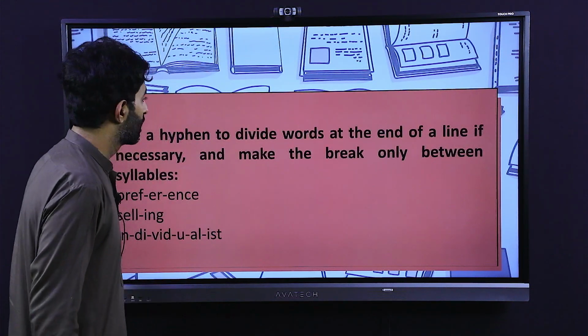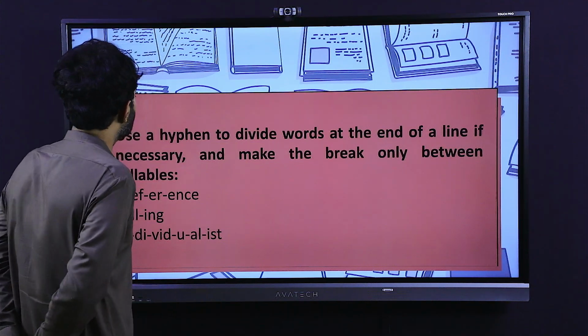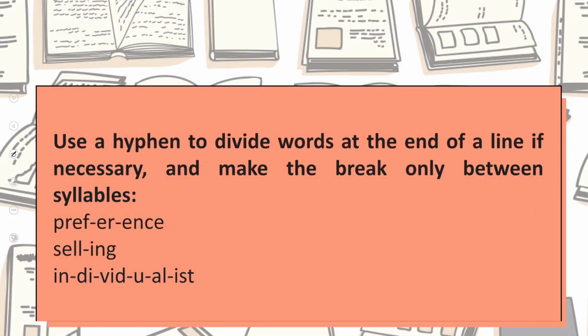Let's see. What else do we use a hyphen for? When we are at the end of the line and our word is remaining, we move it to the next line, but we need to use a hyphen, a little dash, and make the break only between syllables. So if the syllables are broken down because the line is ended, then this is how you break down and write in the next line.